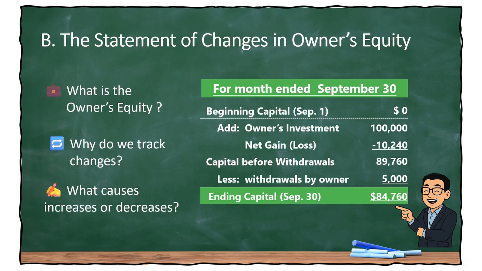In this case, that's $10,240. And don't forget, Jane also withdrew $5,000 for personal use, which reduces her equity. After accounting for all these changes, the ending capital on September 30th is $84,760. This final amount will appear in the balance sheet under owner's equity.